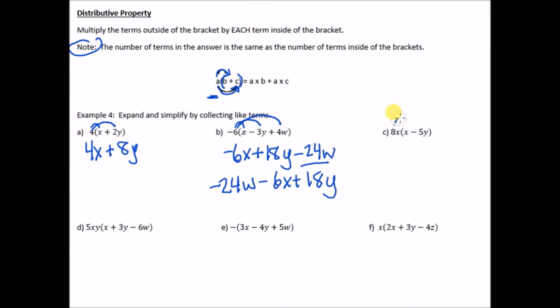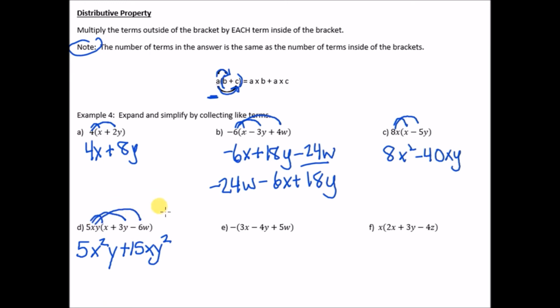C. We're going to multiply 8x by x, and we get 8x squared. And we're going to multiply 8x by negative 5y. So 8 times negative 5, I get negative 40. And x times y, I just get xy. Okay, and let's keep going. 5xy times x is 5x squared y. 5xy times 3y, well, 5 times 3 is 15. We have x, and then we'll have 2 y's there, y squared.